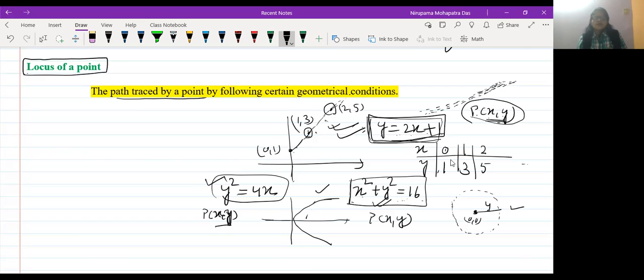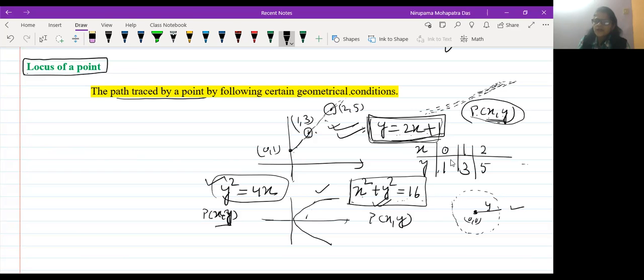So in layman's language, how can we say what locus is? If somebody is not a mathematics person and asks you what locus is, you can say very simply that locus is basically a curve, a graph of a function.